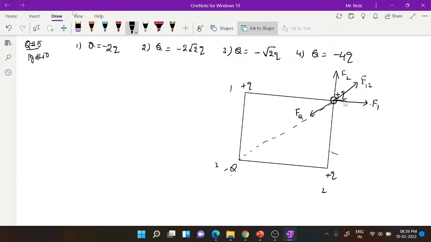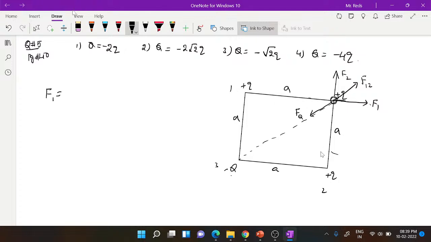Now, another point to observe: F1 is equal to k Q1 Q2 by r square. This is a square, so all sides have the same length a. So F1 is k Q1 Q2 by a square, and likewise F2.